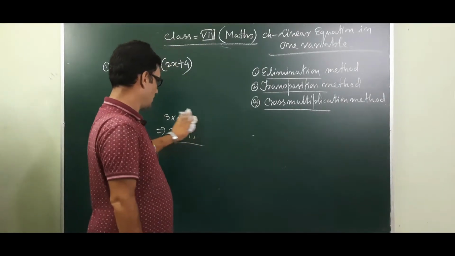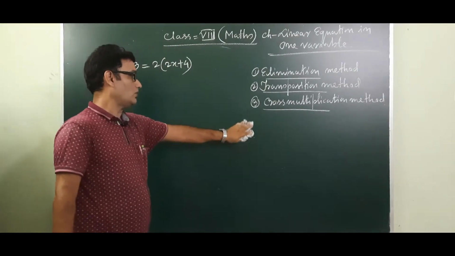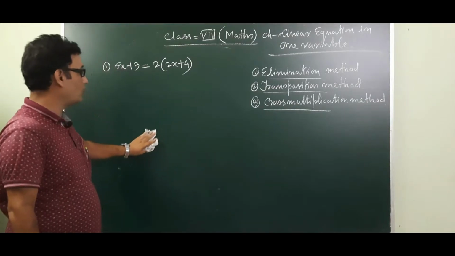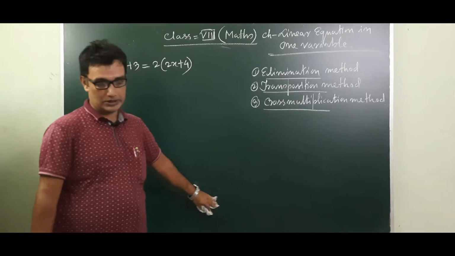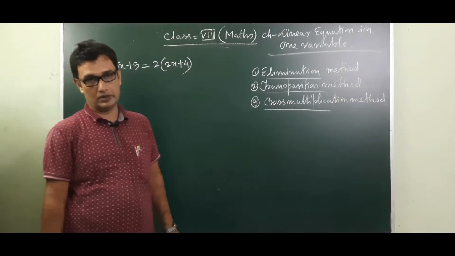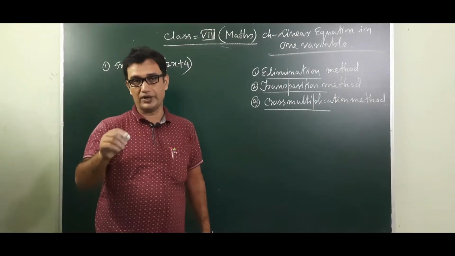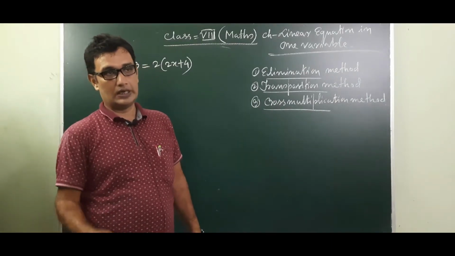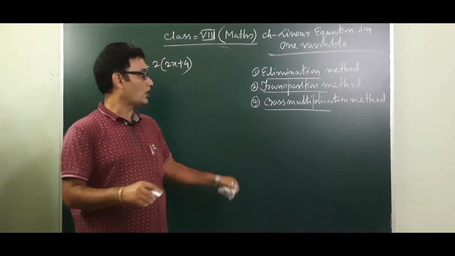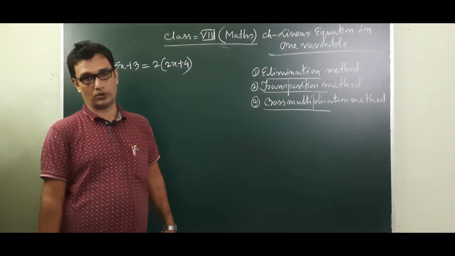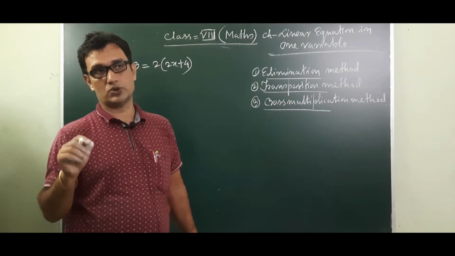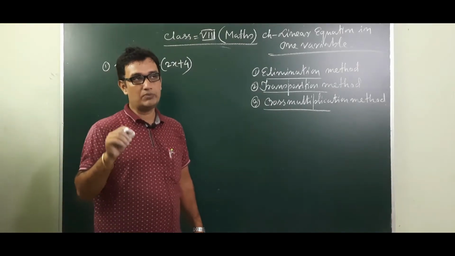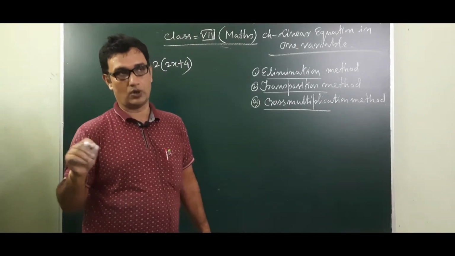Now, when you see a question in your book, sometimes it is given as solve the following and verify your answer. In that case, you can use any method. If only solve is given, then you can use any method and solve.